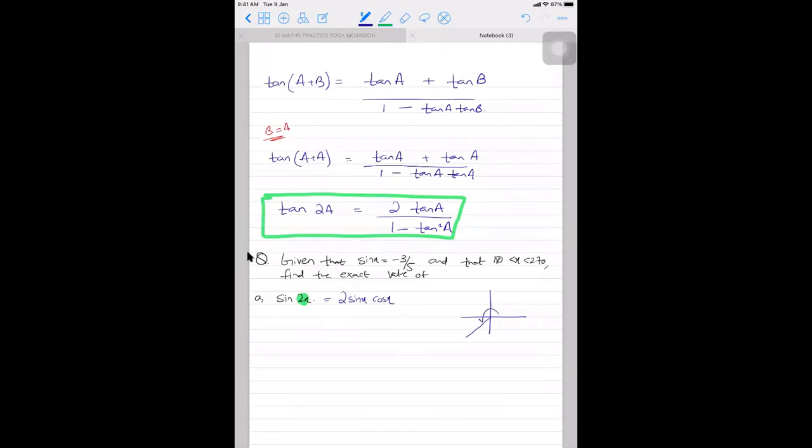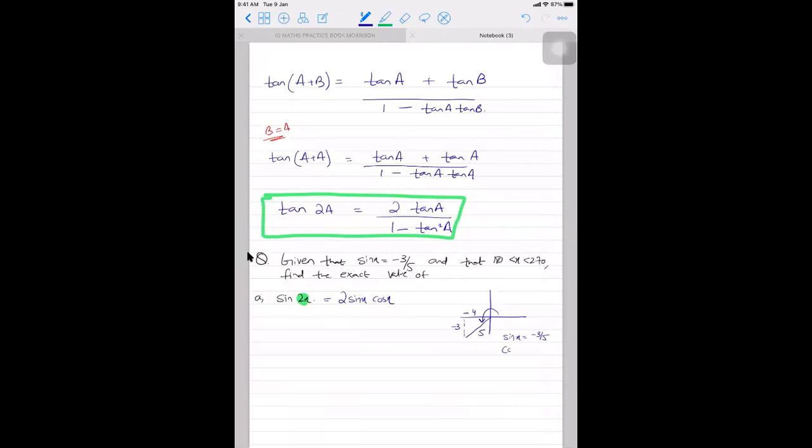Sine of x is negative 3 upon 5, and we all know that in the third quadrant sine theta is negative. So negative 3, 5. If you use Pythagoras theorem, you are going to get this as 4. The adjacent is going to be negative 4.